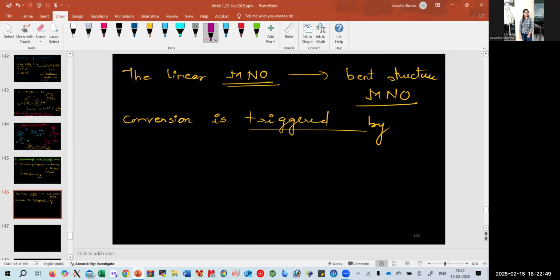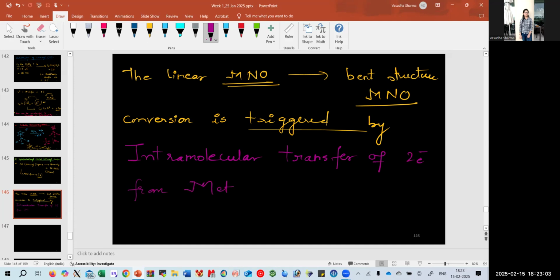This is triggered by intramolecular transfer of 2 electrons from the metal to the ligand. So this is a factor that triggers the conversion of MNO linear structure to the bent structure.